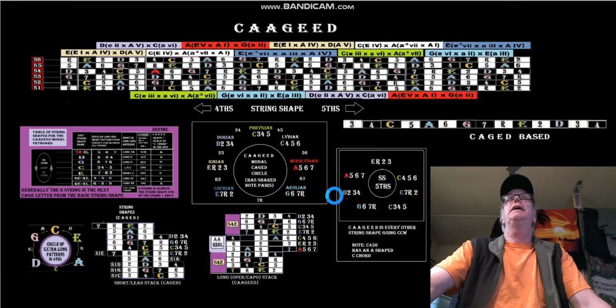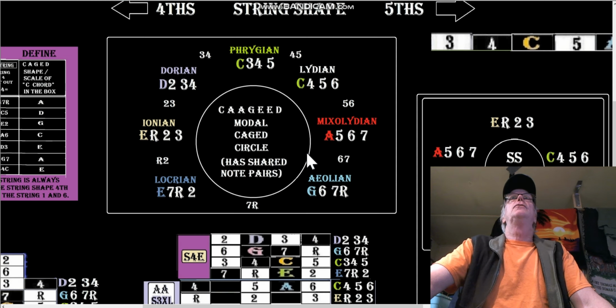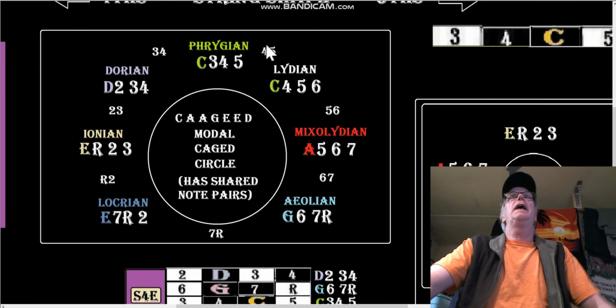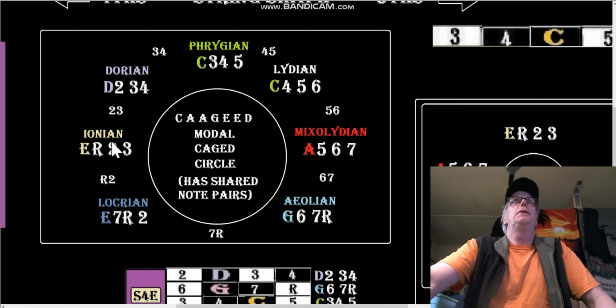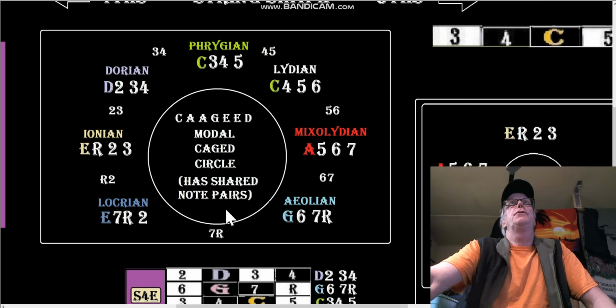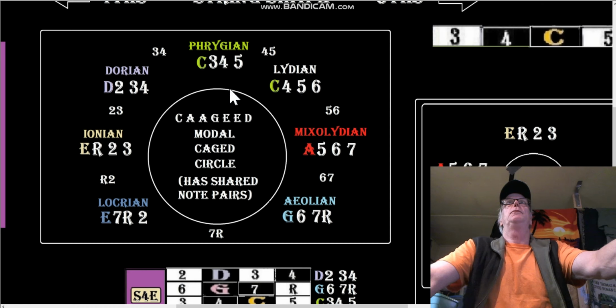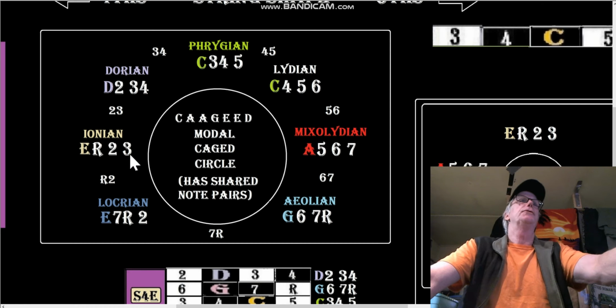in this chart. The cage system. I like to focus on right here, where we're looking at how this is a modal system. Okay, so this is the cage circle. It has shared notes. So notice it's C, C, A, G, E, E, D. It's the cage system. So we would normally start here at root 2, 3.